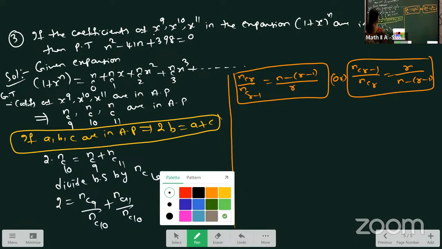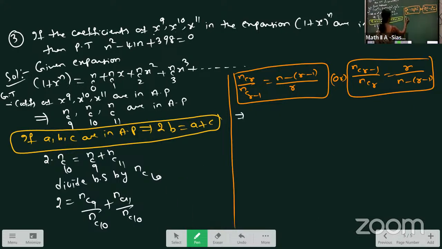So if we apply this, NC9 by NC10 follows this concept because the denominator suffix is more than the numerator suffix. So this can be written as 10 by N minus 9.